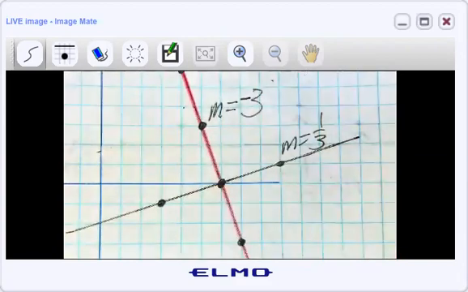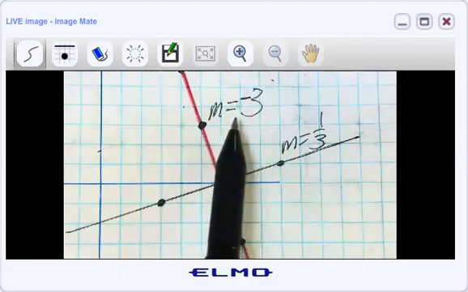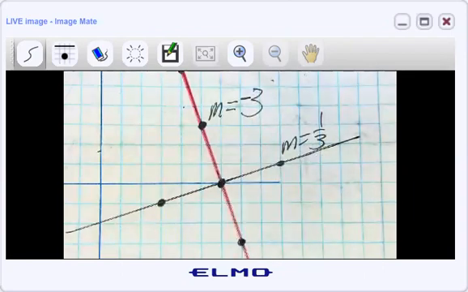Now, that's very interesting to me. So look at these two slopes. They're not the same. Of course they're not, because if they were the same, they would be parallel lines, and I don't have that. But they sure are related. Do you see a relationship between these two numbers, this one here and this one here? What do they have to do with each other?